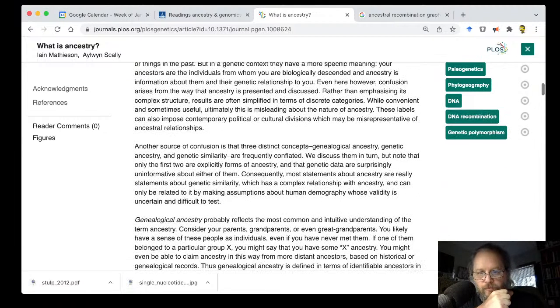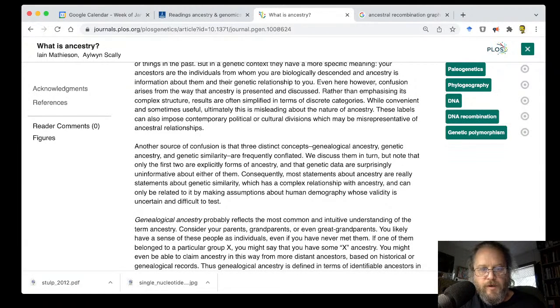Okay, and they go through this a little bit, and then they start talking pretty quickly about how the ancestry concept, from their perspective, has at least 3 different meanings. And again, we're speaking specifically of genetics. So there's genealogical ancestry, genetic ancestry, and genetic similarity. From what we're working on in this paper, those are going to be the 3 things that we're going to take away from the paper. That's pretty much the main topic, distinguishing and defining those.